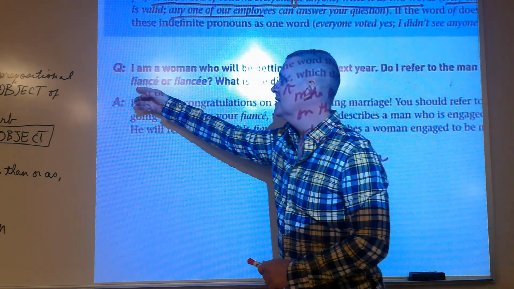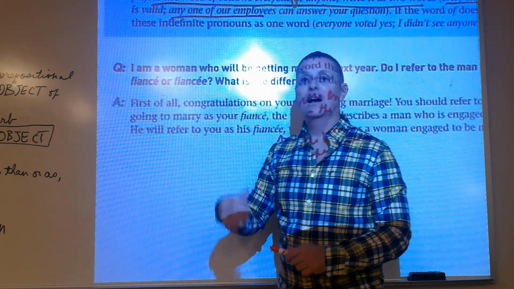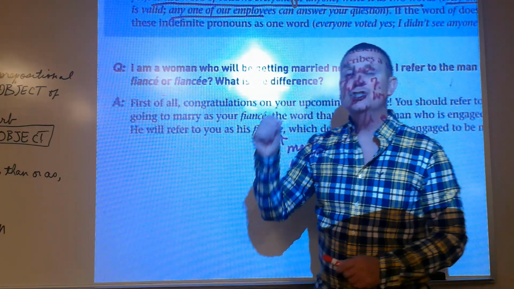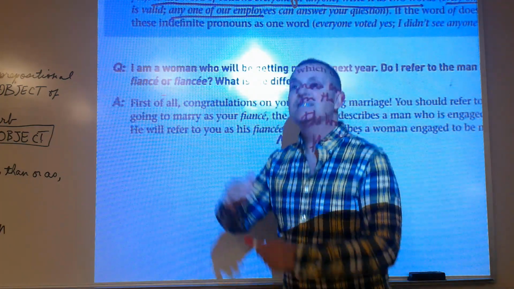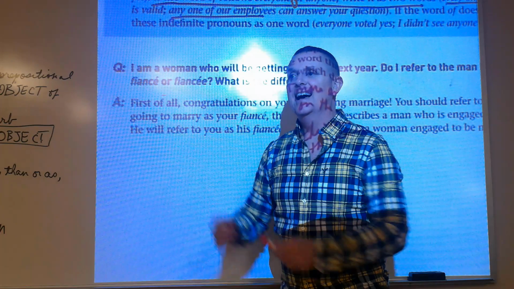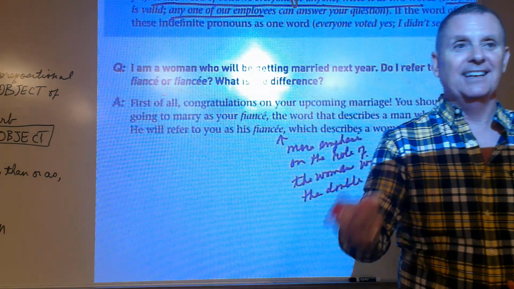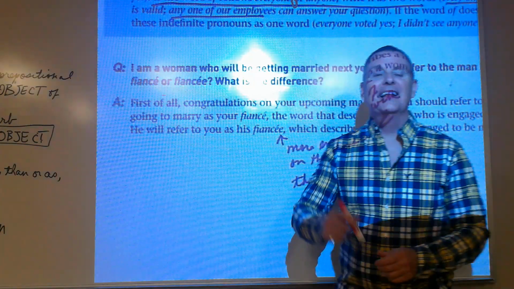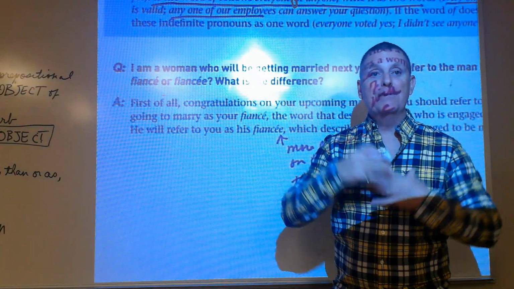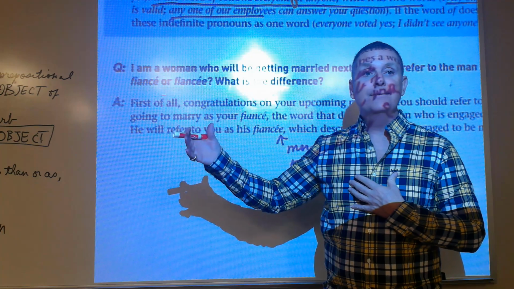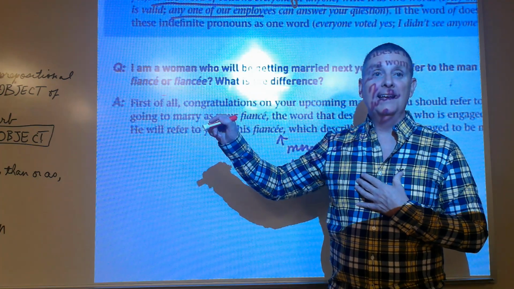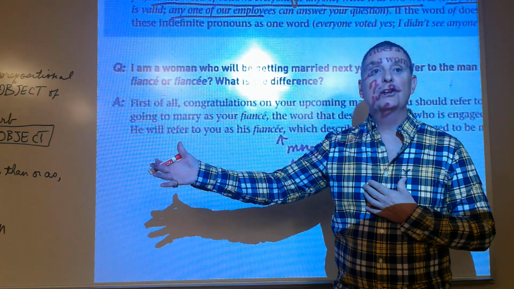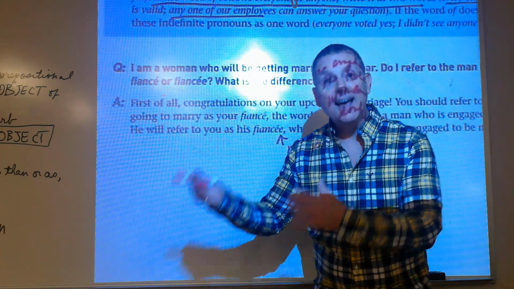And the way it's pronounced, he is my fiancé, or if it's a woman, she is my fiancée. Okay. If I'm a female saying he is my fiancé, it's with one E. But if I'm a man and getting married to her, she is my fiancée.